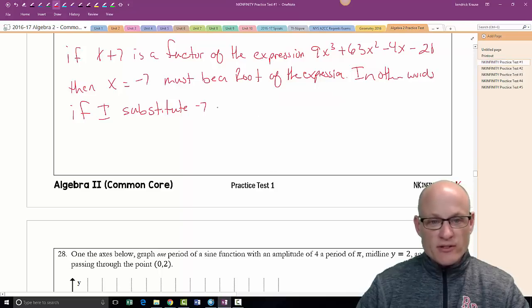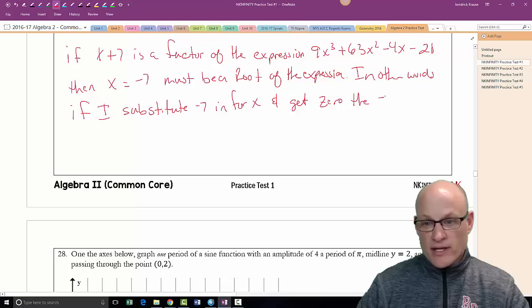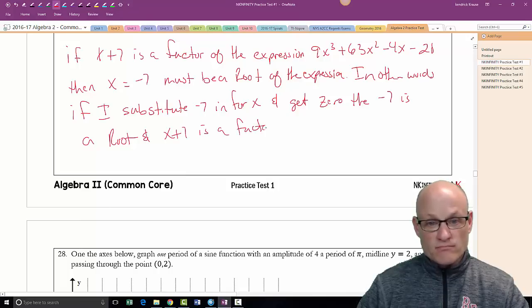Substitute negative 7 in for x and get 0, then negative 7 is a root and x plus 7 is a factor.